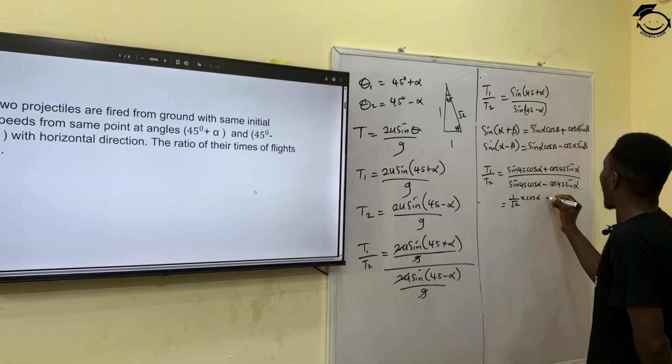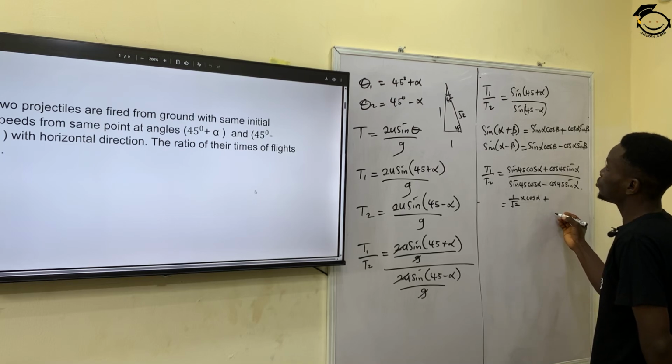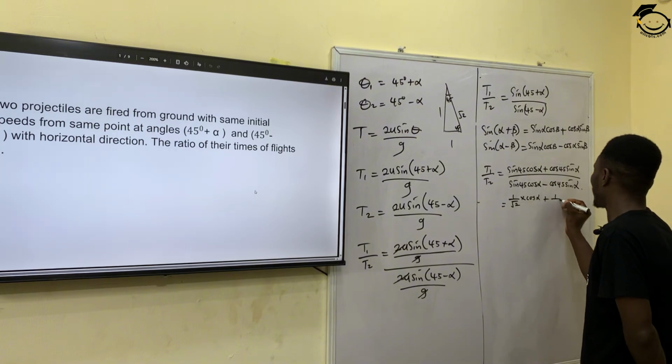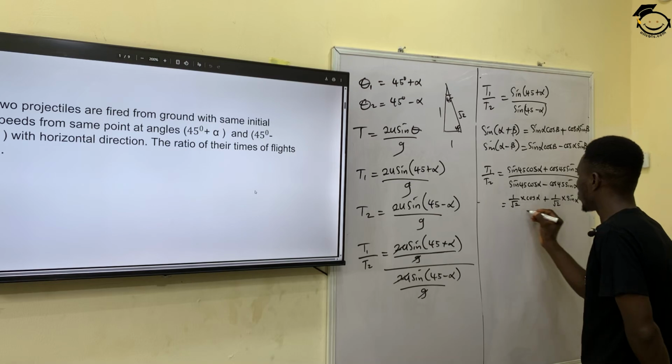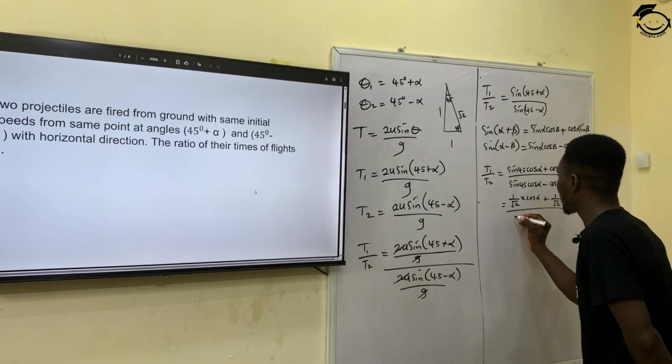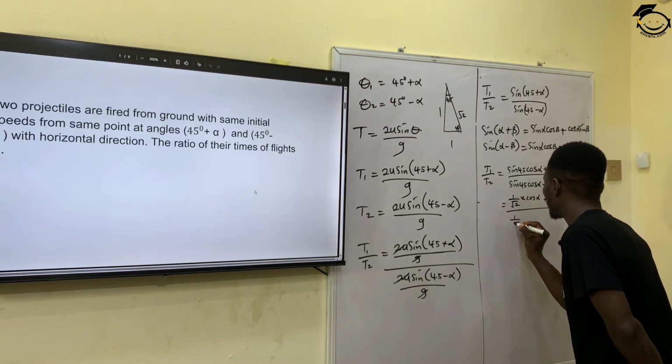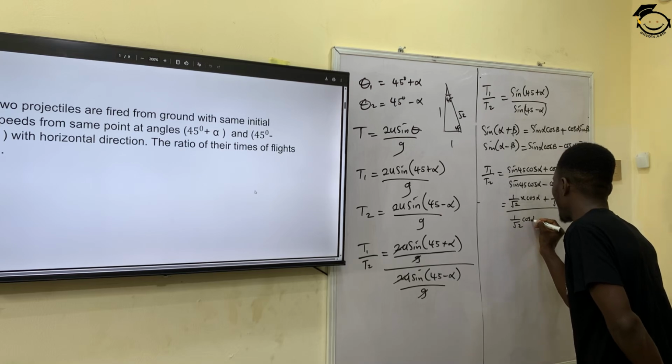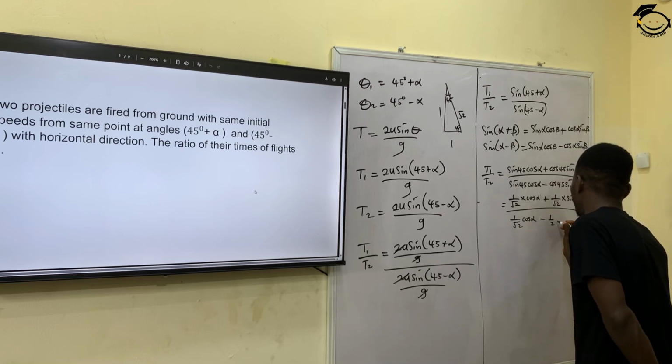Then I have plus cos 45, which is adjacent over hypotenuse, which is also 1 over root 2, times sine alpha, over the same thing, so I have 1 over root 2 cos alpha minus 1 over root 2 sine alpha.